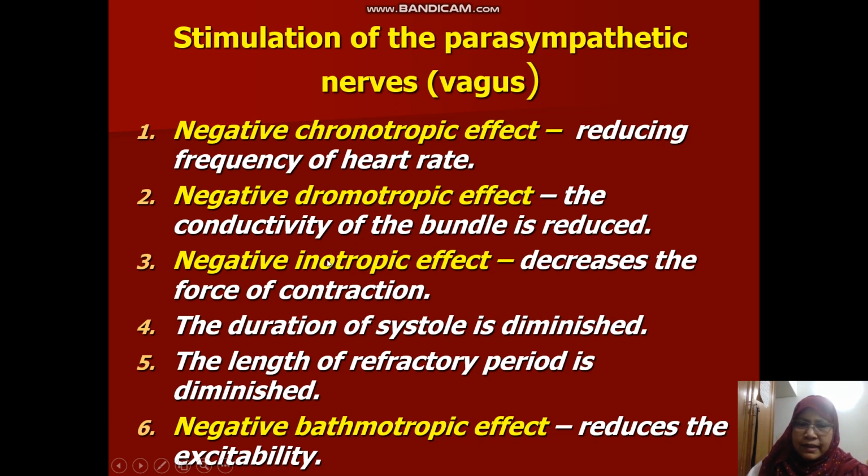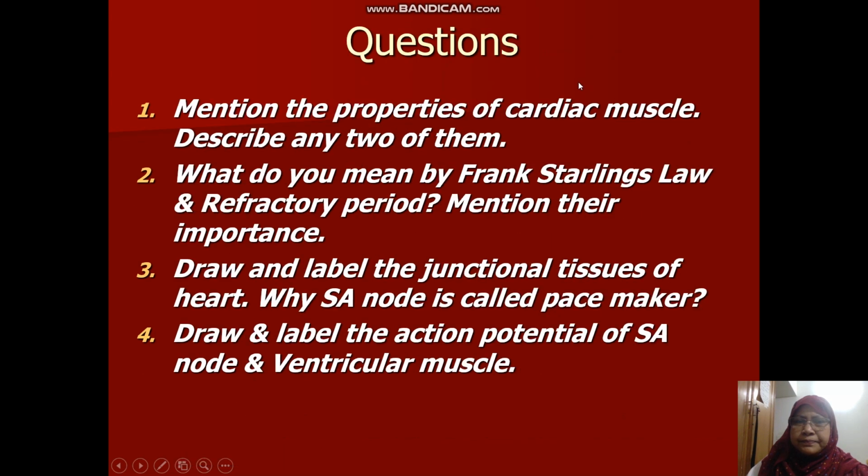It decreases the force of contraction, that is negative inotropic effect, and also excitability is decreased, the bathmotropic effect. So there is a decrease in the duration of systole and the refractory period is also decreased. So all the effects are inhibitory due to parasympathetic stimulation. So parasympathetic is inhibitory to the heart muscle.